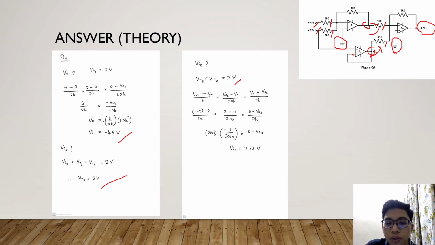Applying the formula: V output 1 minus V minus over 1k, plus V output 2 minus V minus over 2.4k, is equal to V minus V output 3 over 2k. By substituting the values of V output 1, V minus 3, and V output 2, we get the result of V output 3 as 7.33 volt.